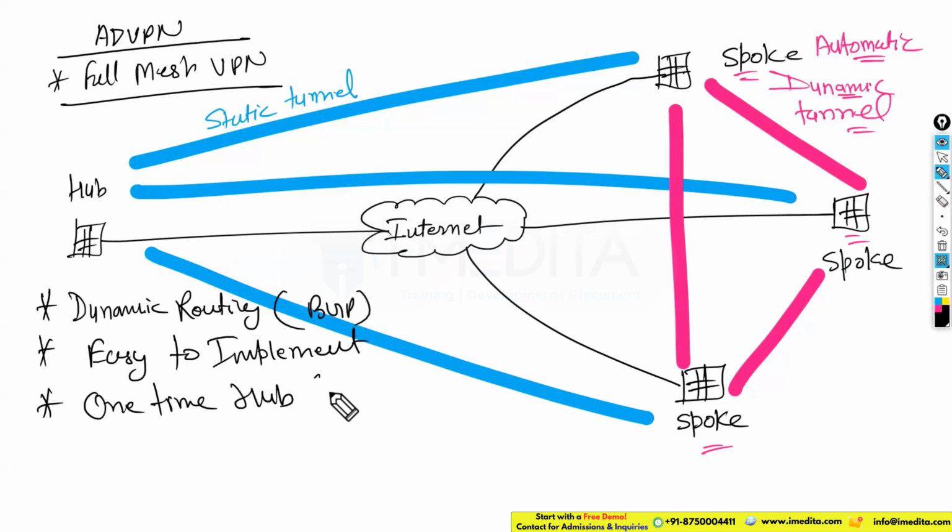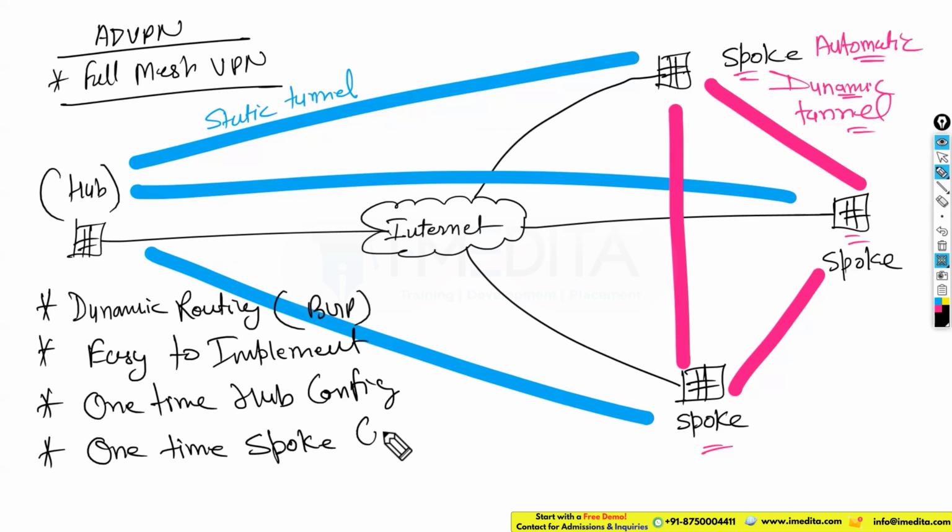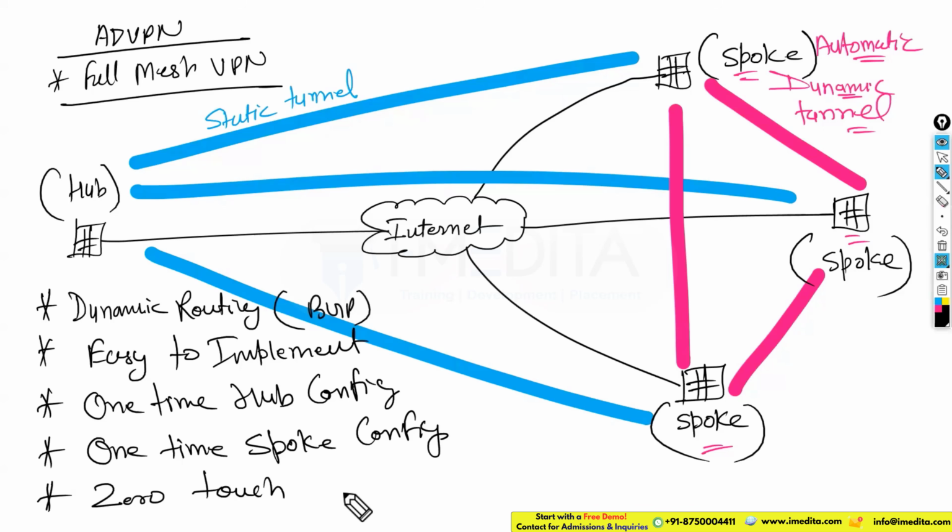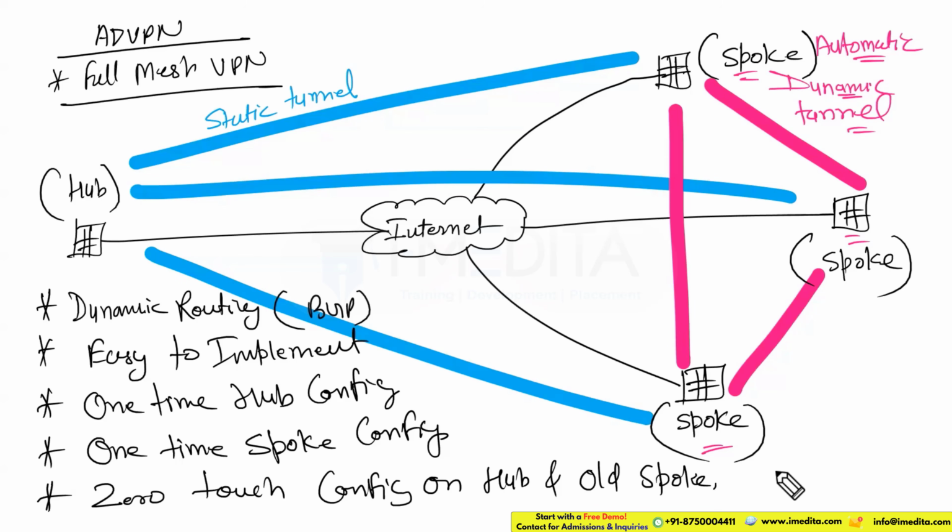One time hub config: we have to configure the hub one time. One time spoke config: we have to configure each spoke one time. Zero touch configuration on the hub and old spokes while adding a new spoke.